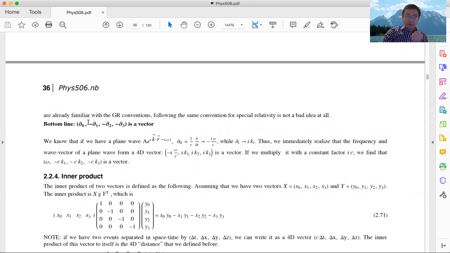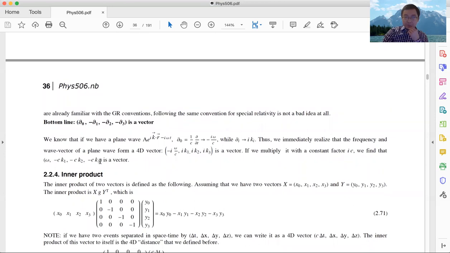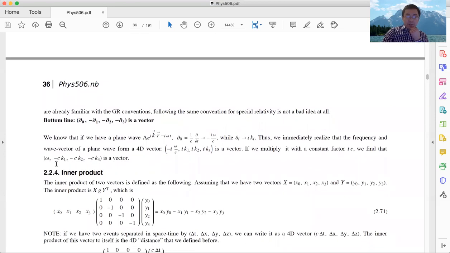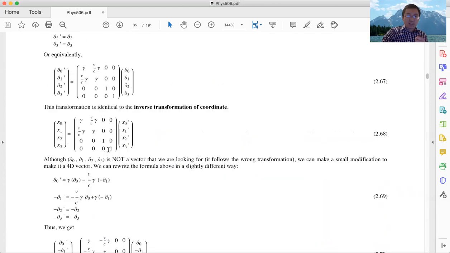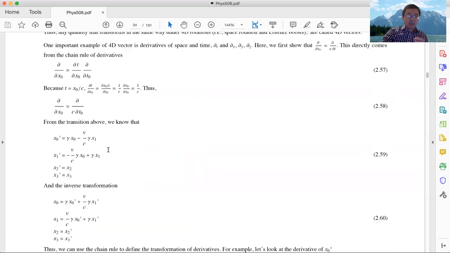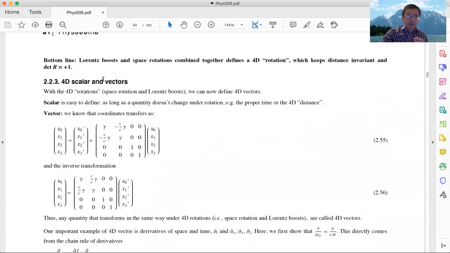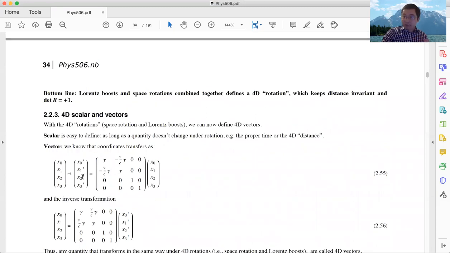Because this is a 4D vector, omega and k must also be a 4D vector. This is very useful because immediately we know how it transforms under Lorentz boost: it transforms exactly the same as x, our coordinate.